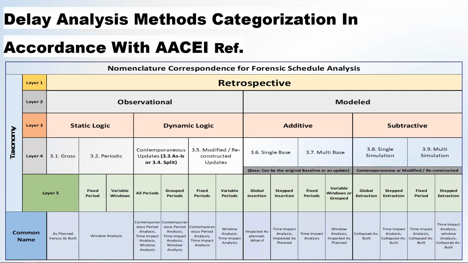It also determines the delays. I'm talking about the observational by trade, not by event. So I will analyze the updates and recognize that the electrical work trade is the work driving the major activity, or driving the longest path or the critical path.